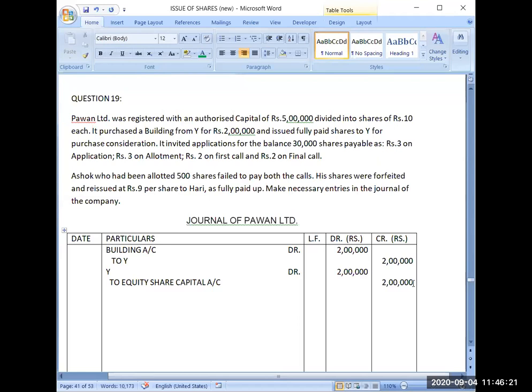So the question is saying that they have invited applications for the balance 30,000 shares, payable as rupees 3 on application, 3 on allotment, 2 on first call, and 2 on final call.